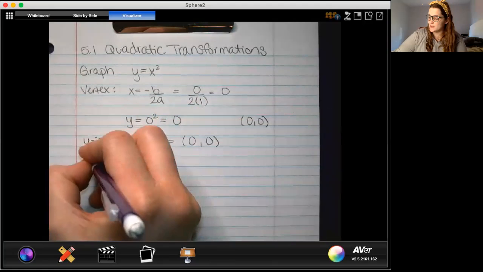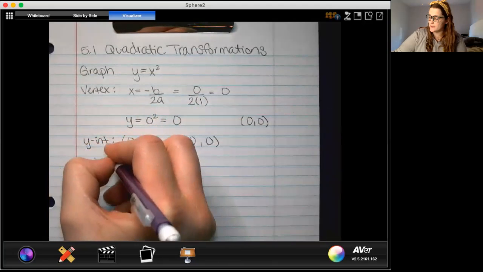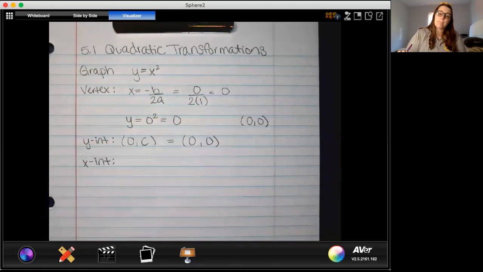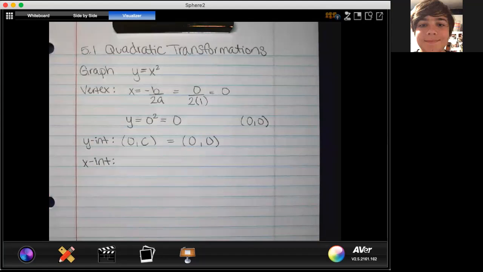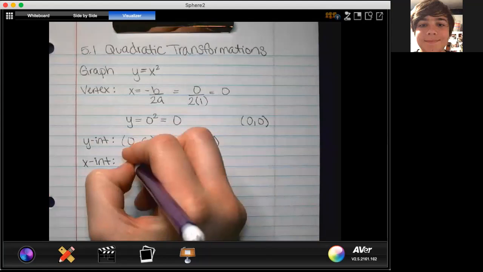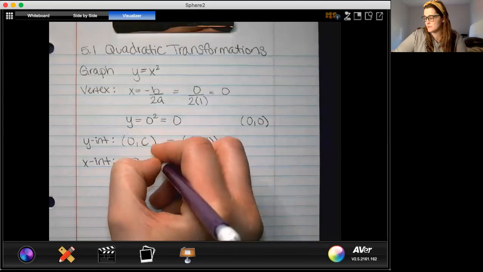What about that x-intercept? How do we solve for x-intercepts? You set equal to 0 and then solve. Correct. So we set it equal to 0.